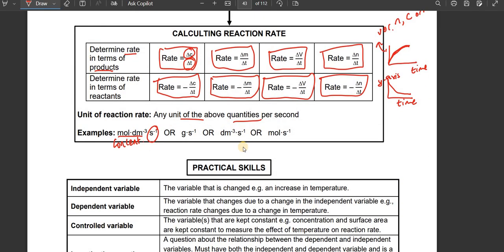If we're dealing with mass, it's going to be grams per second. If we're dealing with volume, it's going to be decimeter cubed per second. If we're dealing with moles, it's going to be mole per second. So the unit of rate depends on whether your y-axis is dealing with the volume or the concentration or the number of moles or the mass. I hope that is clear.